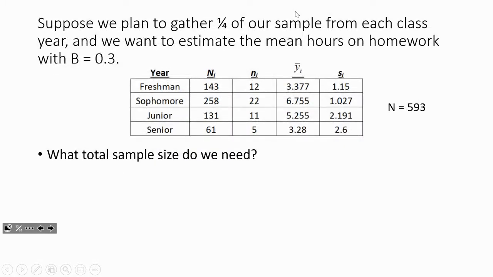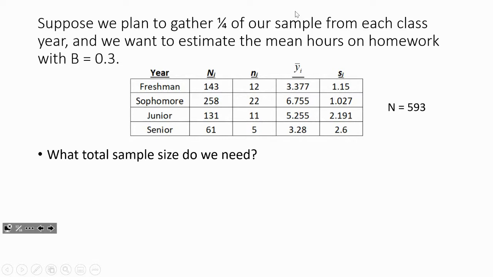So let's try using this. So suppose that this is our preliminary data, maybe from last year, on the hours that Math 246 students study per week. And we plan to take a new sample where a quarter of the sample is going to be from each class.